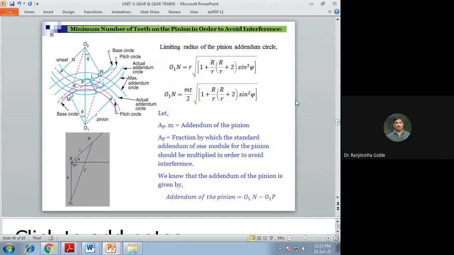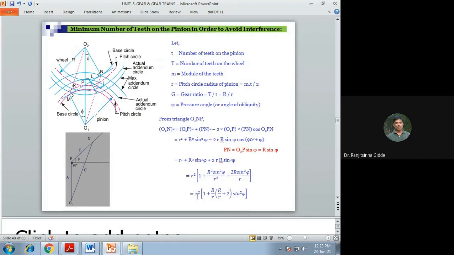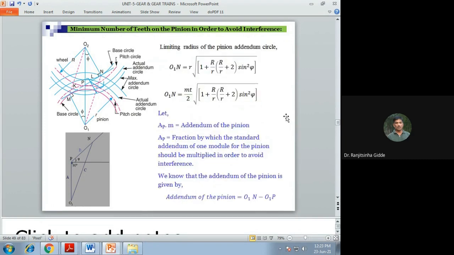Now next, this is the expression for this O1 n square. Now we need to write the value for this O1 n. What is O1 n? That is nothing but the limiting radius of the addendum circle of the pinion.